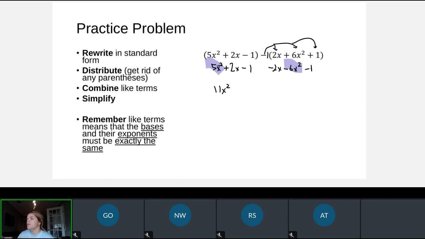Okay, so Amari, before you get going too far, remember this is 5 minus 6, right? 5 minus 6. So what is 5 minus 6?